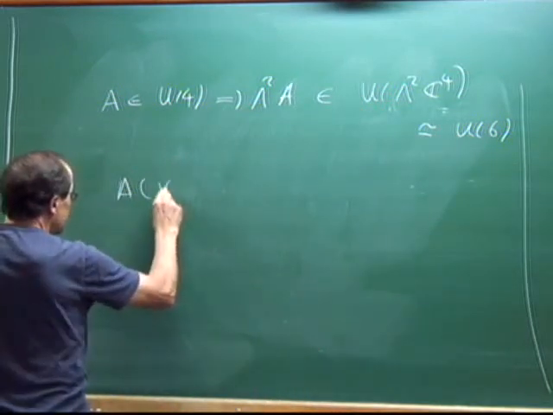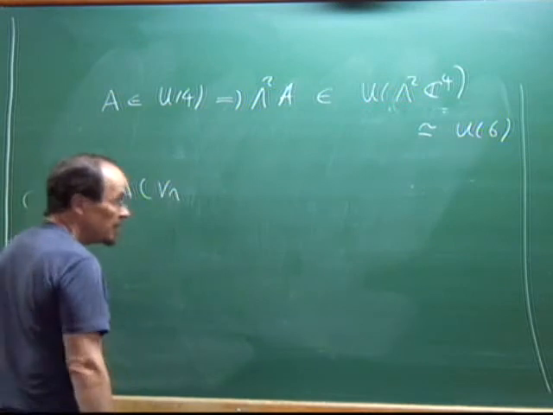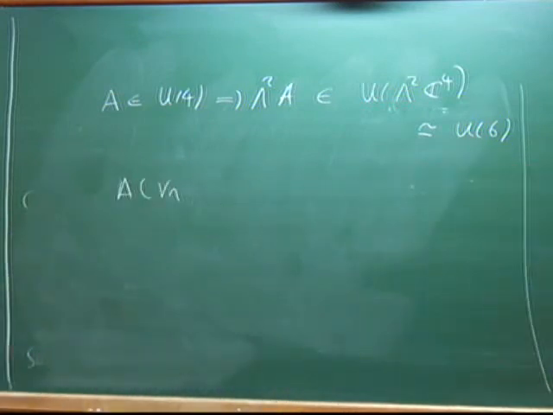A of V wedge, well, let's see. Use the inner product, right? Let me just say it in words. I multiply all of these vectors with A here. First, A times this is just a wedge power of all the A's. I put the A's in here, it respects the inner product, it's an isometry, so I get the same thing. So now this formula here is very, very useful to see this.